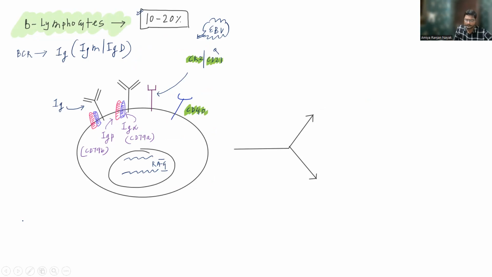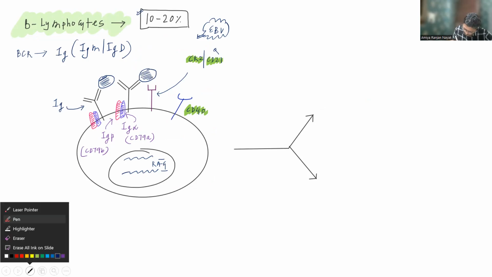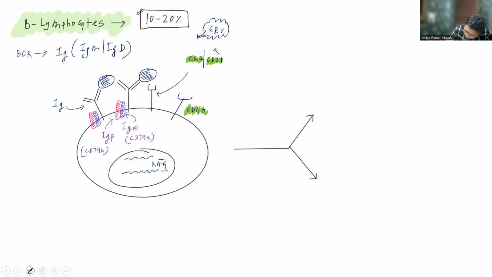If you see, these B cell receptors can identify the antigens. Some of these antigens will be opsonized with the help of complement proteins like C3b, and those C3b can be identified by these complement receptors.